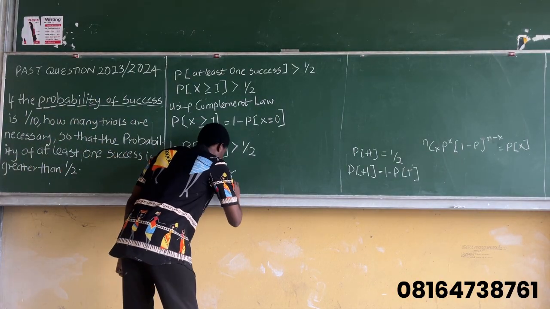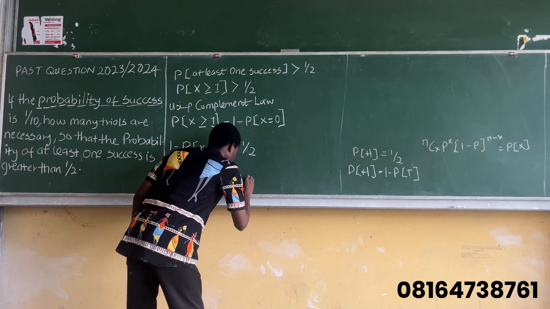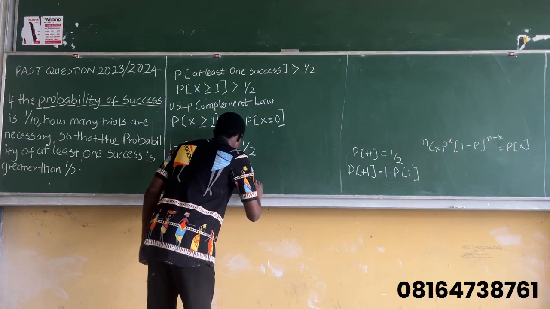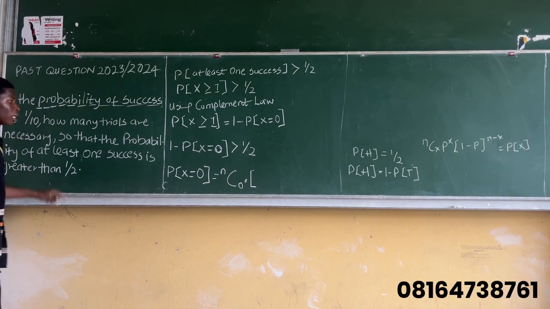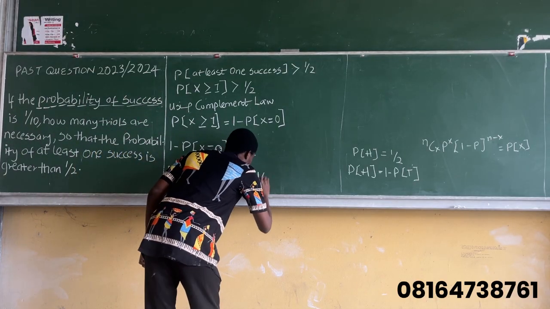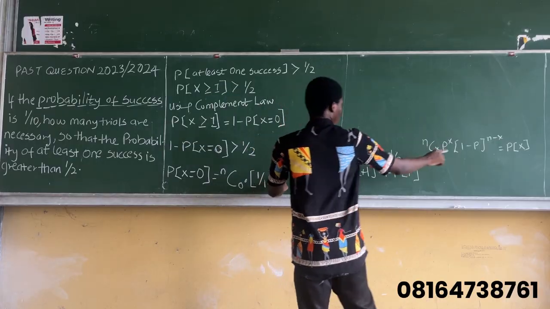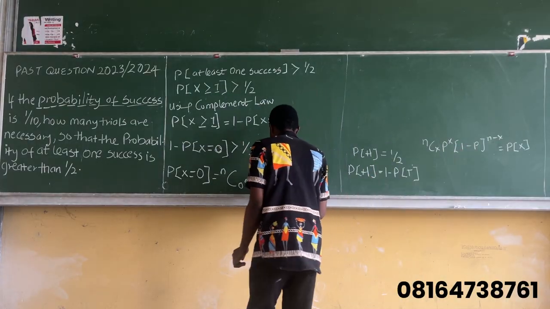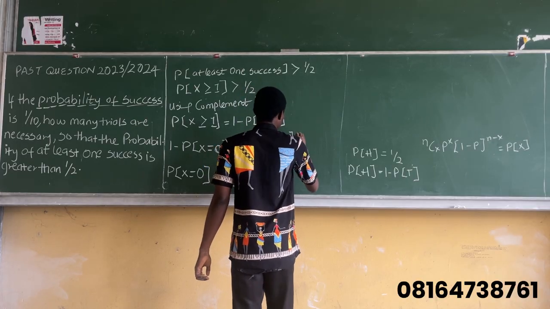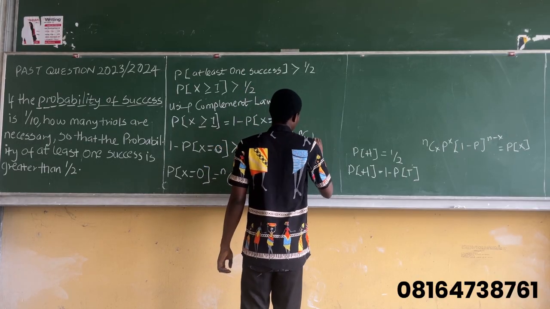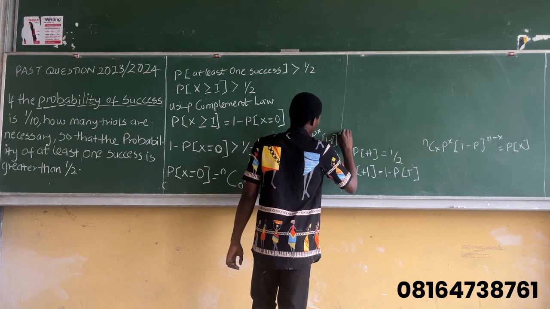Our x value is 0. From our equation, the probability of success p is equal to 1 over 10. So let's write out the equation properly: P(x) is equal to nCx p^x (1 minus p)^(n minus x).